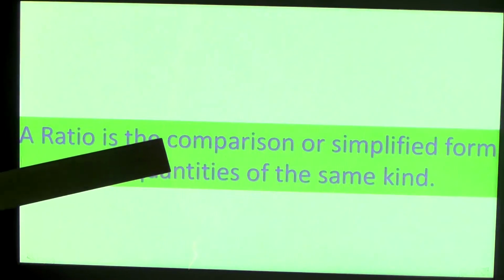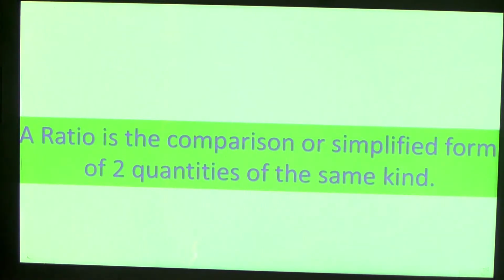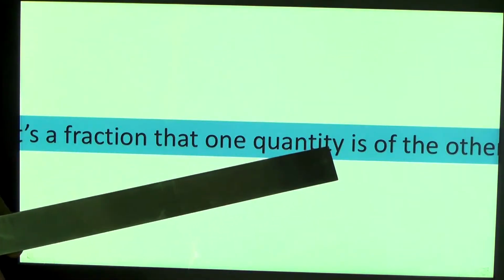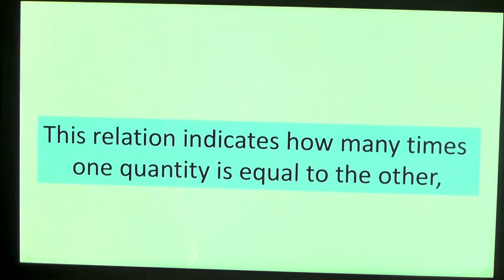The ratio is the comparison or simplified form of two quantities of the same kind. It's a fraction that one quantity is of the other. This relation indicates how many times one quantity is equal to the other.